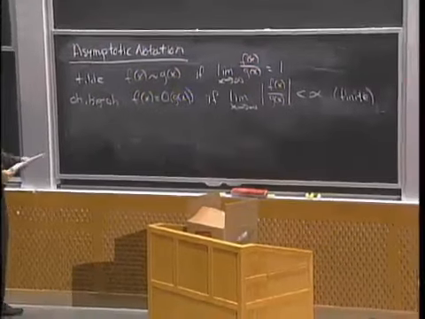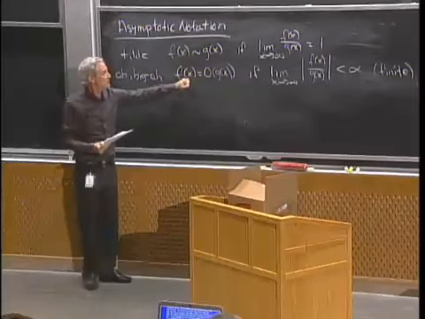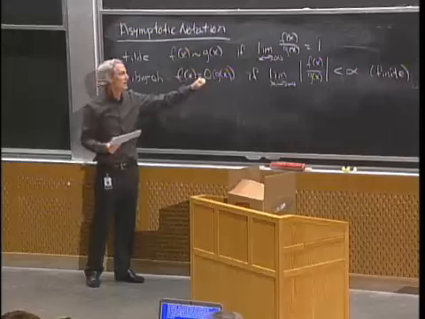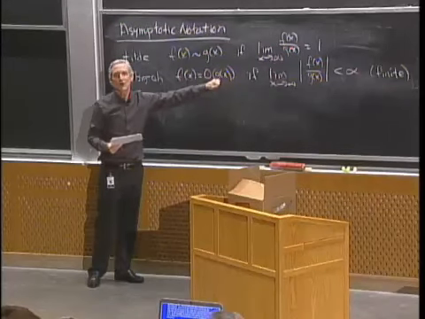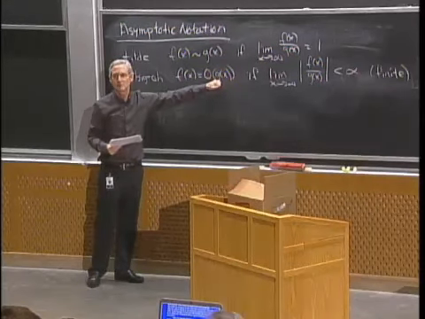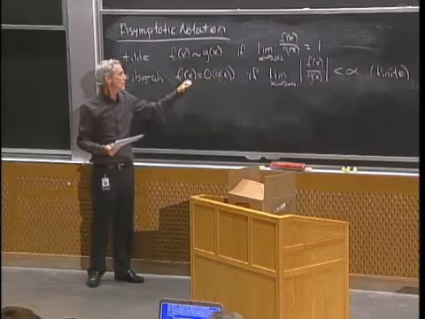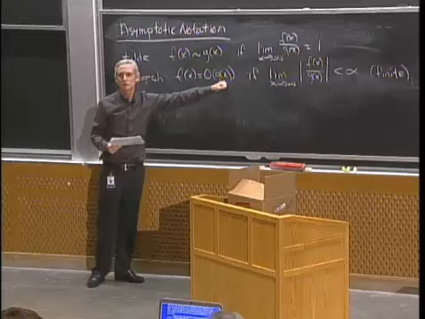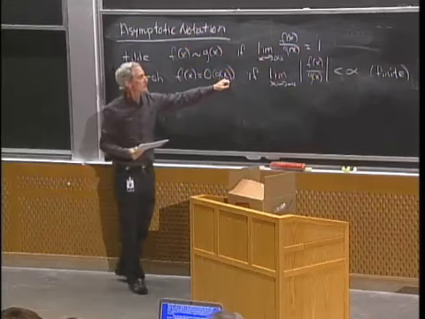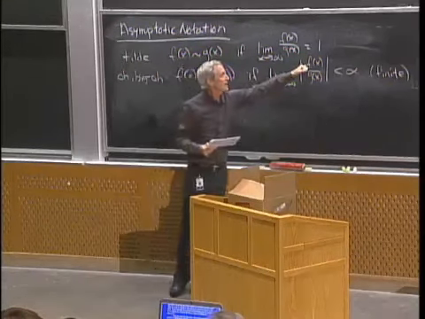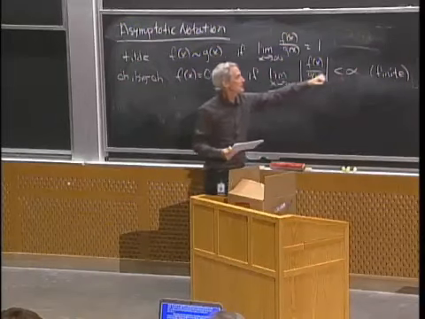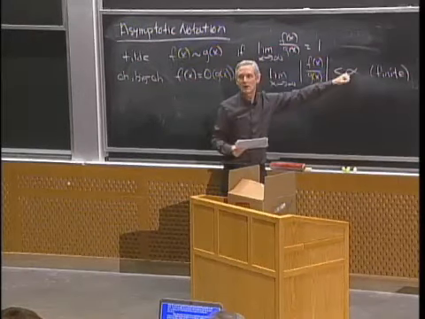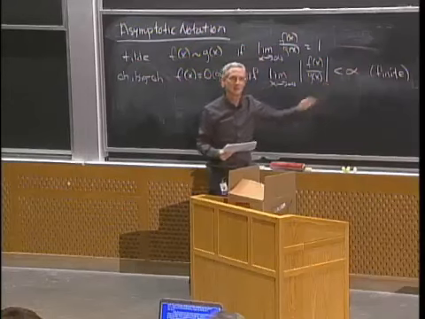The interpretation is that this function is, up to constant factors, upper bounded by this one. That this grows at the same rate or slower than this one grows as x gets large. Because if f was growing a lot faster than g in the limit, then the limit of the ratio would be infinity. And we're saying that doesn't happen.